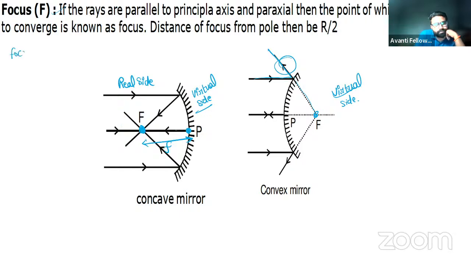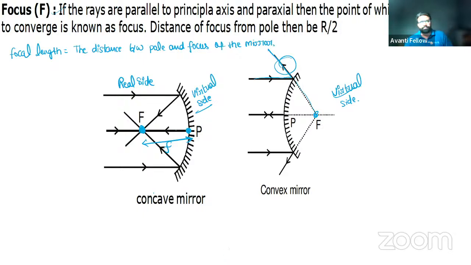Here is a very important point: focal length is nothing but the distance between the pole and the focus of the mirror. That is termed the focal length.